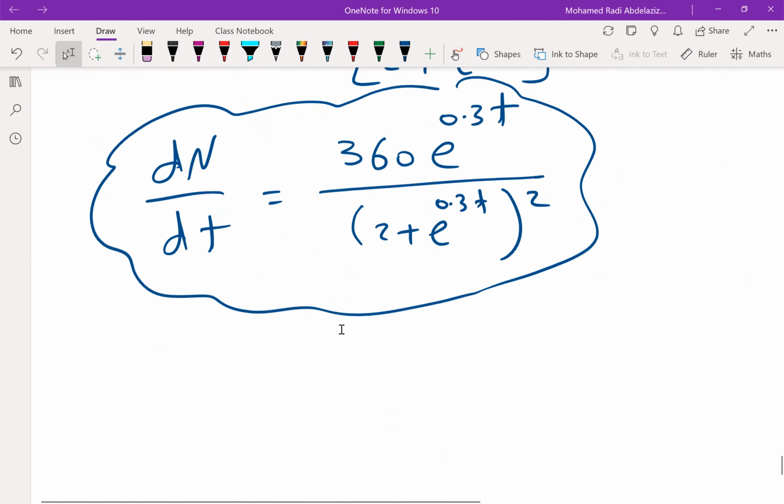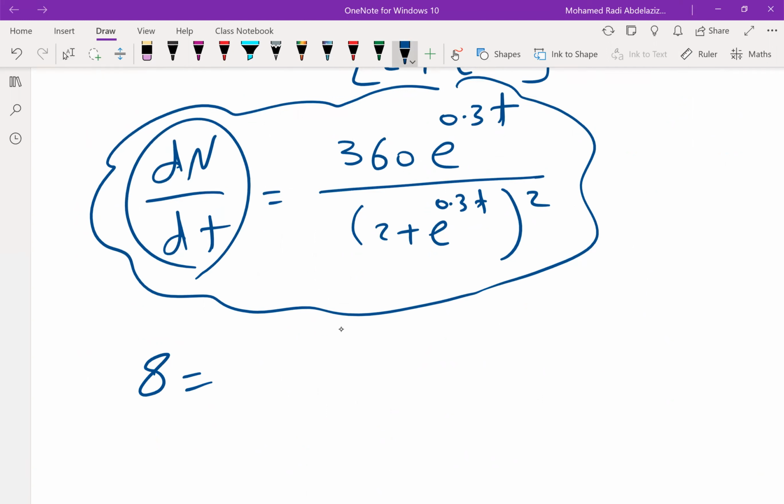For the final equation right here, remove dN by dt and write 8 is equal to 360 e to the power of 0.3t divided by 2 plus e to the power of 0.3t, the whole squared. You can substitute e to the power of 0.3t with u. So we have 8 is equal to 360u divided by 2 plus u, the whole squared.